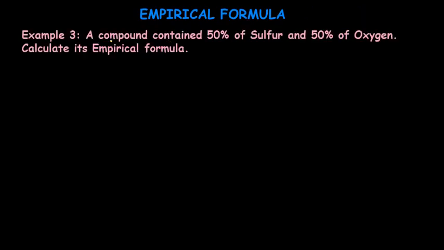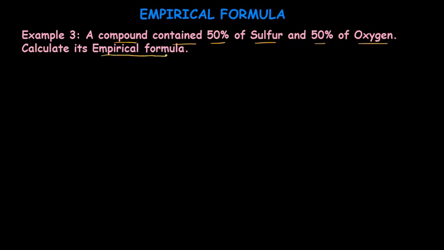Now, how to calculate the empirical formula. Suppose we have the percentage by mass of all the elements present in a compound, then we can calculate the empirical formula. Let's see how we can do that with the help of an example. It says a compound contained 50% of sulfur and 50% of oxygen.